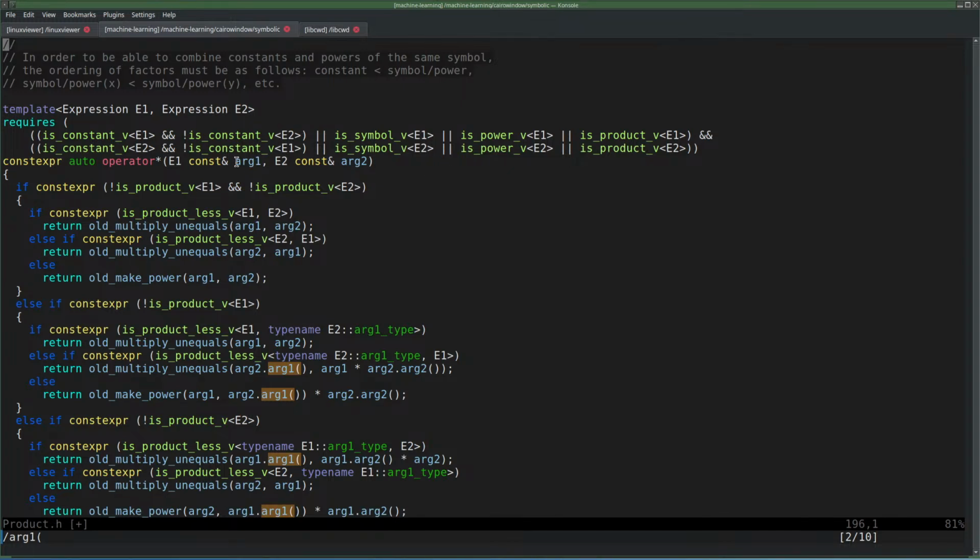But I don't really want to use these objects. I just want to use the type. So the types are going to be E1 and E2, obviously. So I also want to get rid of using arg1 and arg2 completely.